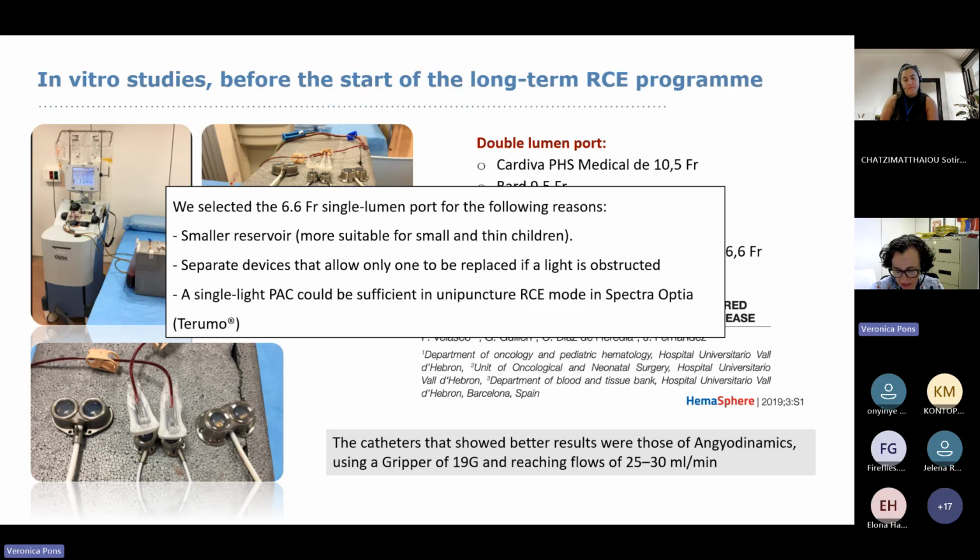Also, at the beginning, when there was not the option of single needle software, the option was 2 separate devices that allow replacement if only 1 lumen was necessary. And of course, a single lumen could also be sufficient for single needle software.